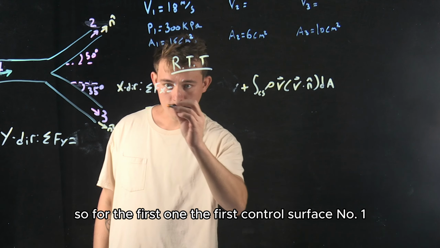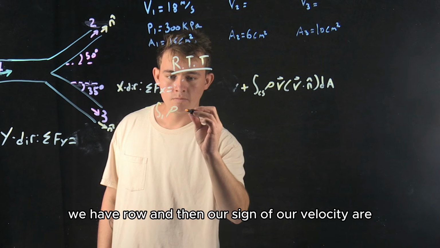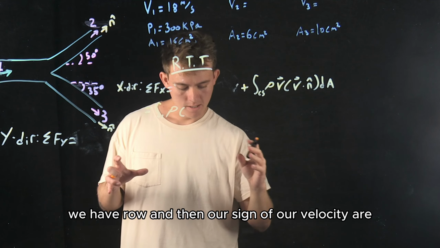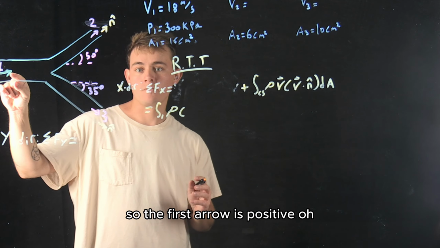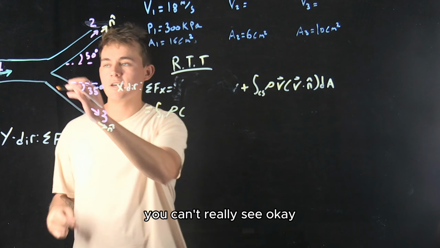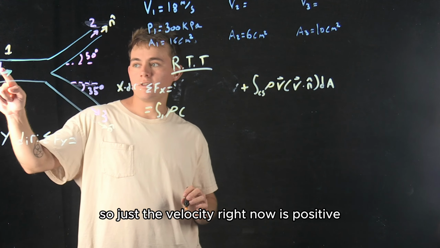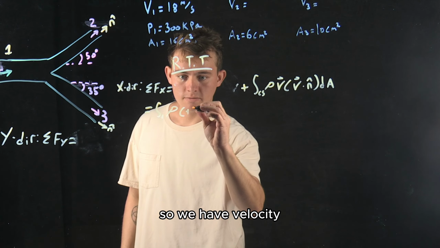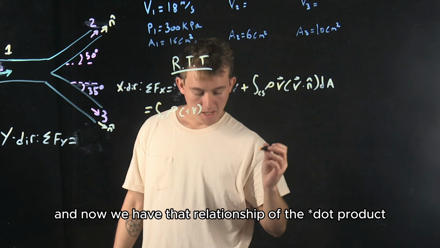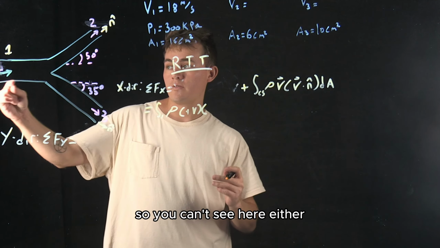So for the first control surface, number 1, we have rho, and then the sign of our velocity. We're just looking at the velocity now, so the first arrow is positive. Oh, you can't really see. Okay, this is number 1 here. So just the velocity right now is positive, so we have plus v. And now we have that relationship of the dot product.